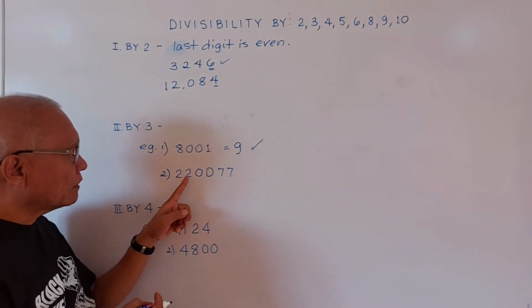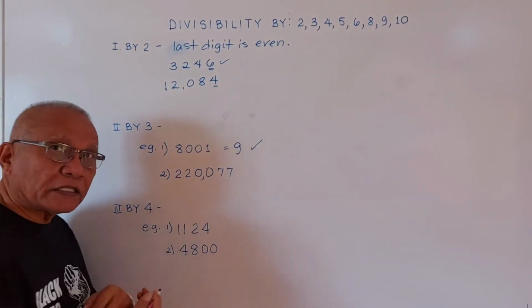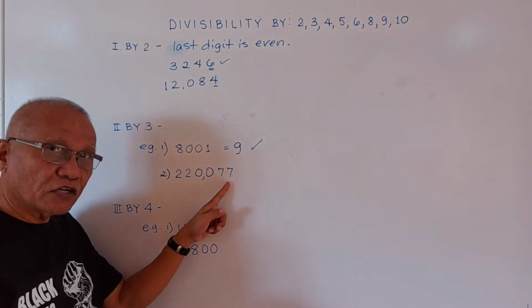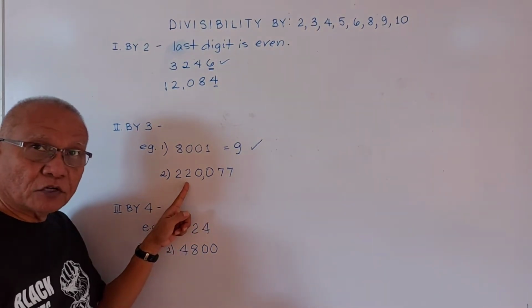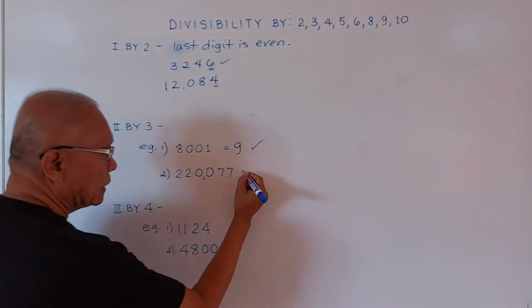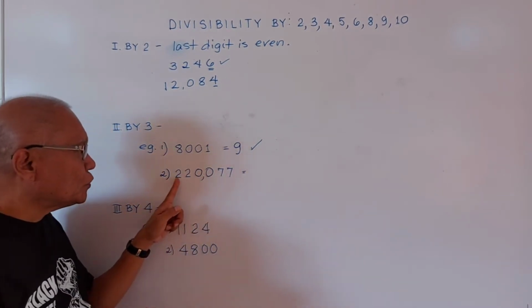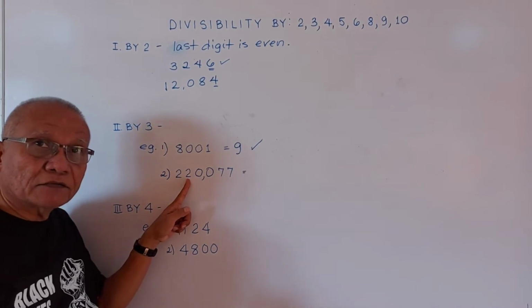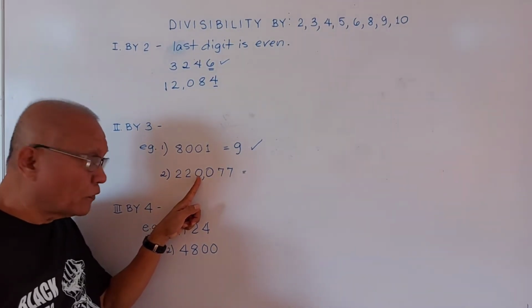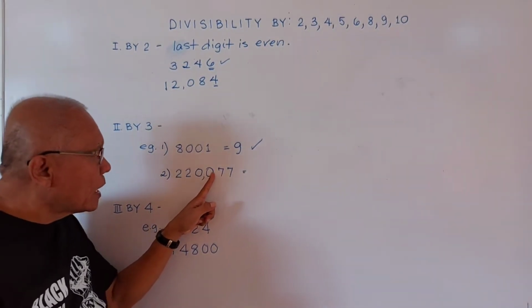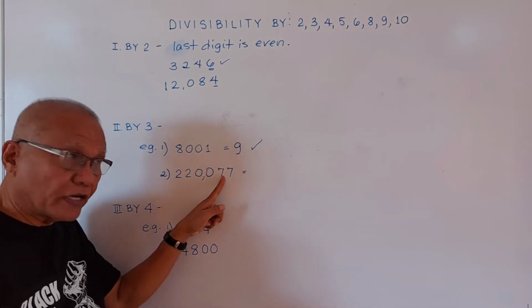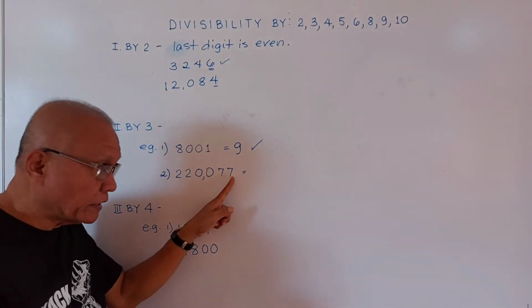Next example, we have 220,077. Is this divisible by 3? Here, we are going to add all the digits. So 2 plus 2 is 4, plus 0 is 4, plus 0 is 4, plus 7 is 11, plus 7 is 18.